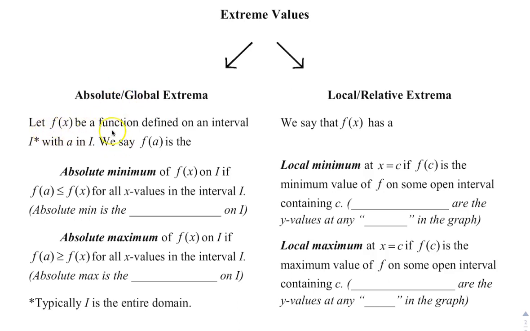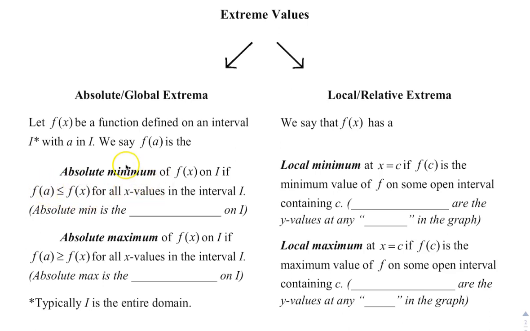So what they say is, let f(x) be a function defined on an interval I. That's usually the entire domain, don't worry about it too much, with an a in the interval. We say f(a) is the absolute min of f(x) on the interval if that value, f(a), is lower than all the rest of the values on the interval.